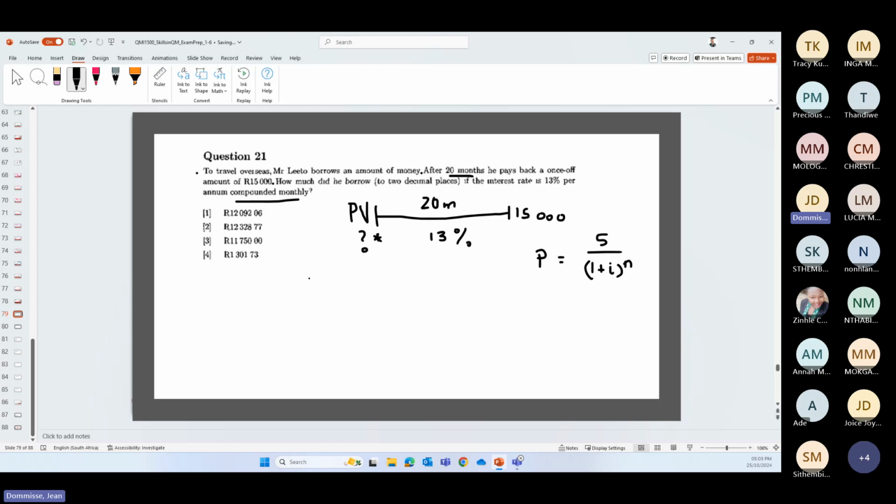Let's also write down all the things that we need to put into the calculator. We have the future value, which is the S, of minus 15,000. So minus 15,000 will be put in the calculator. In the formula, it will be the normal 15,000. We will have the interest rate of 13%.